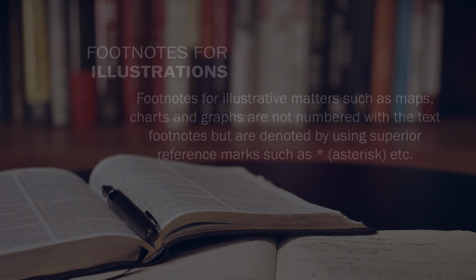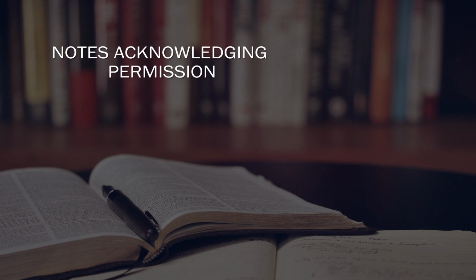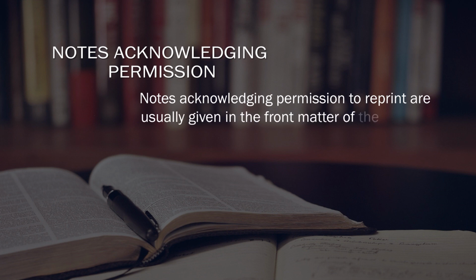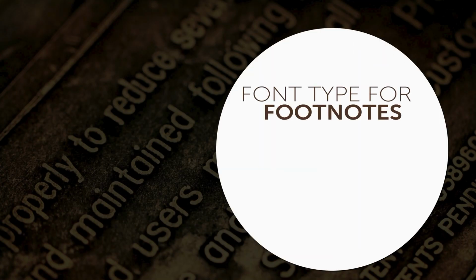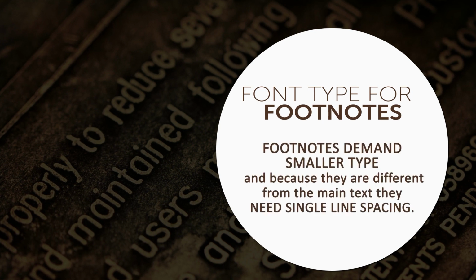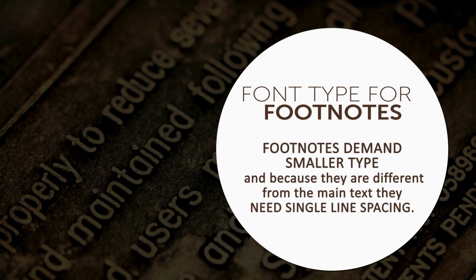What about the notes acknowledging permission? Here, the notes acknowledging permission to reprint are usually given in the front matter of the book. If necessary, they should appear without numbering on the first page of the chapter. The font and the type of footnotes demand special attention.